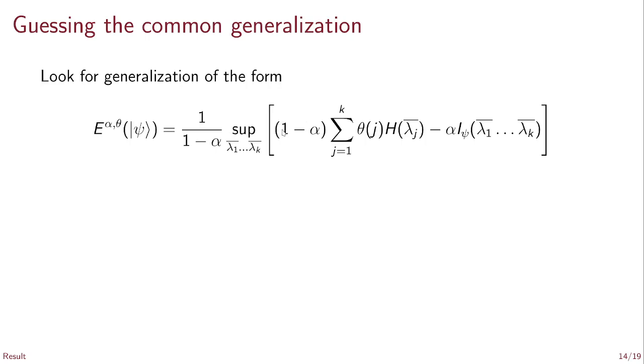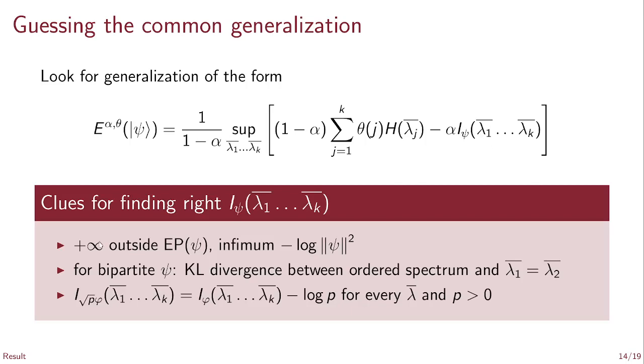So as I said, I take 1 minus alpha times the convex combination of entropies minus alpha times some quantity which depends on psi and these lambdas. So what kind of function could this I be?